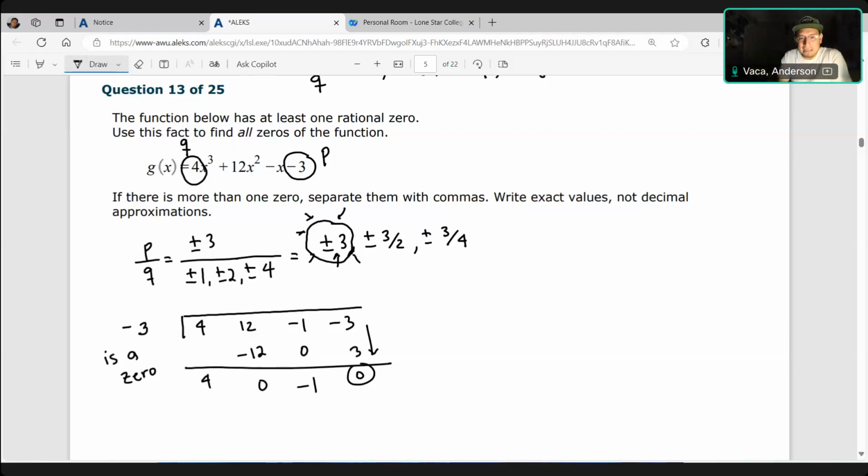What does that mean? It means that g of x could be written so far as, if that's -3, then here will be +3. And then we have remainder, constant, linear, quadratic, always in that order.